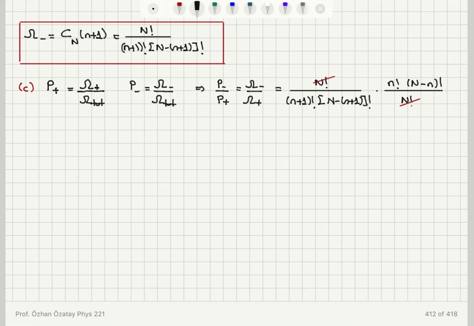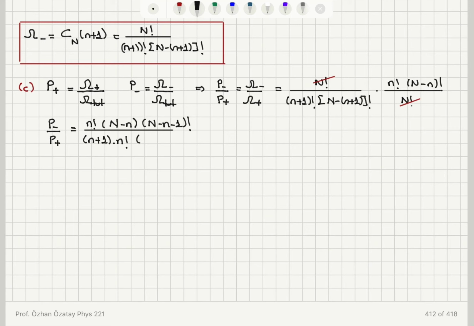Now if I continue my algebra here, the P minus to P plus ratio is basically equal to n factorial, capital N minus n, capital N minus n minus 1 factorial. And then I have at the bottom n plus 1 factorial. I can write this as n plus 1 times n factorial.